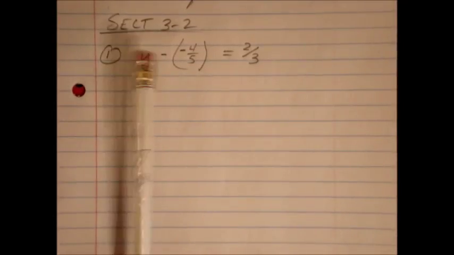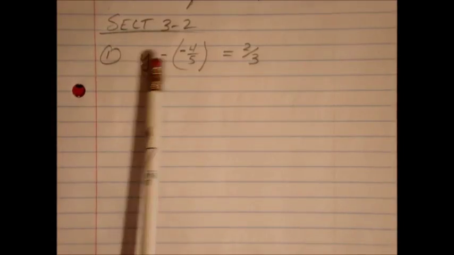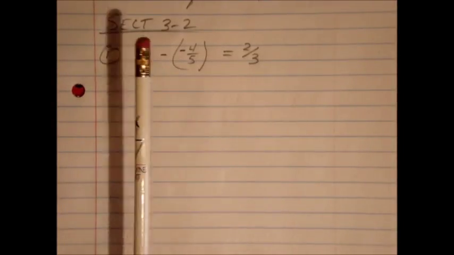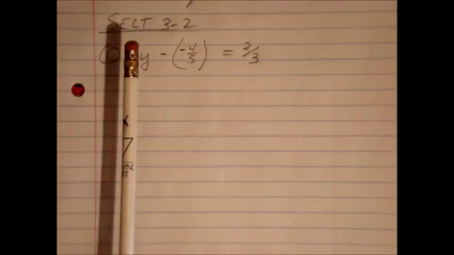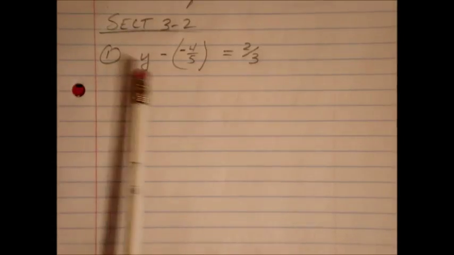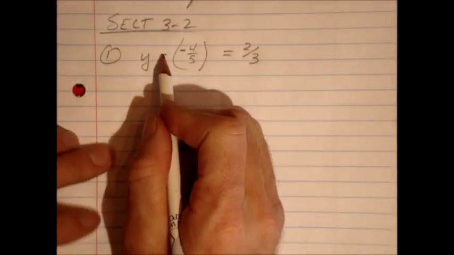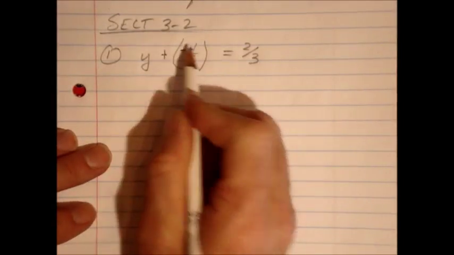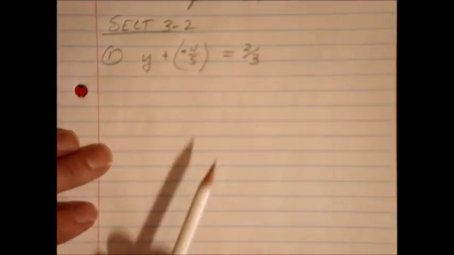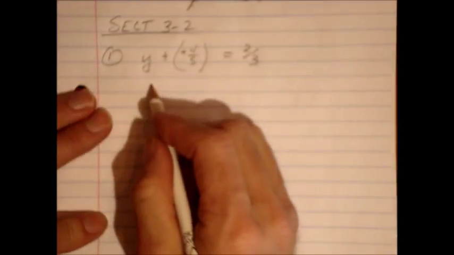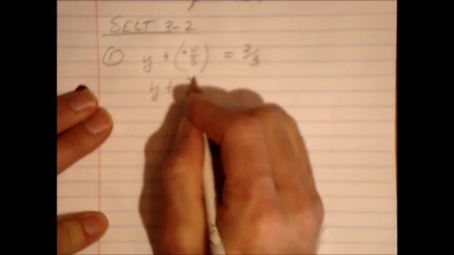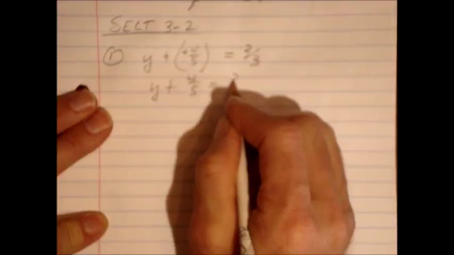I'll tell you this, most students, I always try to encourage them to clean stuff up. And we can clean this up. You can either go with keep, change, change, or don't subtract. Add the opposite. So I'm going to turn the subtraction into the addition of the opposite. So really all we have here is y plus 4/5 equals 2/3.